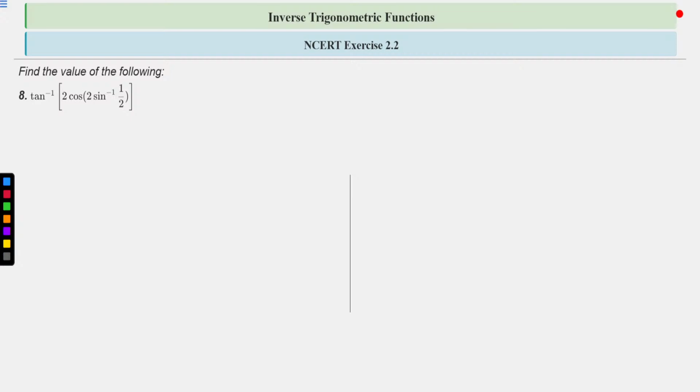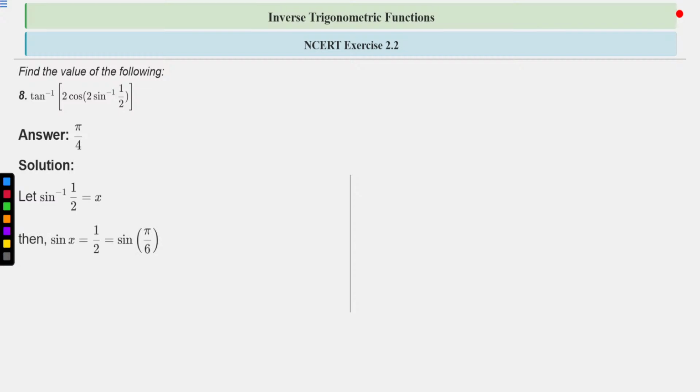See, we basically have to find the value of the expression tan inverse 2 cos 2 sin inverse 1 by 2, right? So the correct answer is pi by 4. Let us move to the solution part. What can we do? Let sin inverse 1 by 2 be equal to x, right?